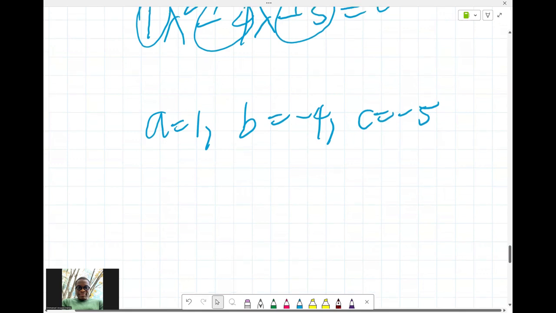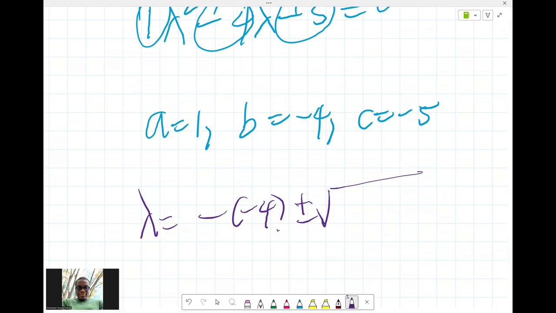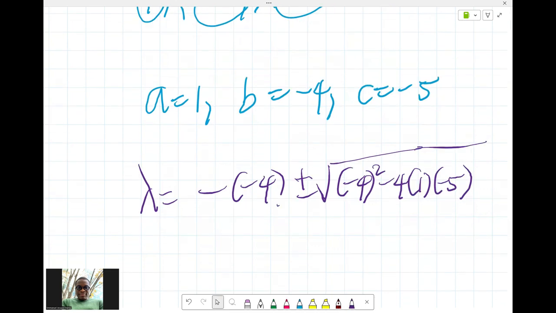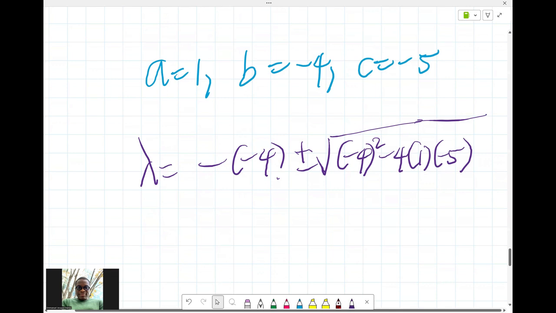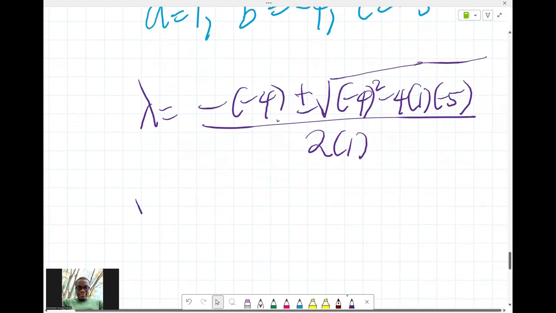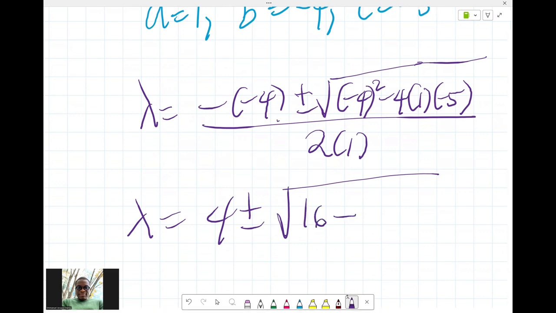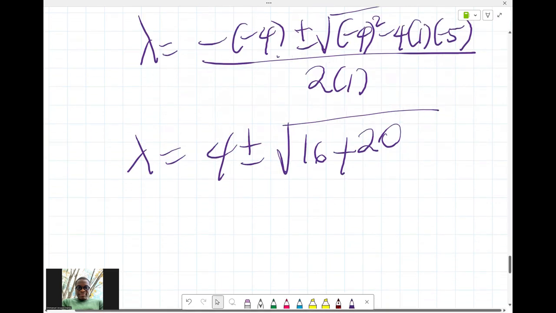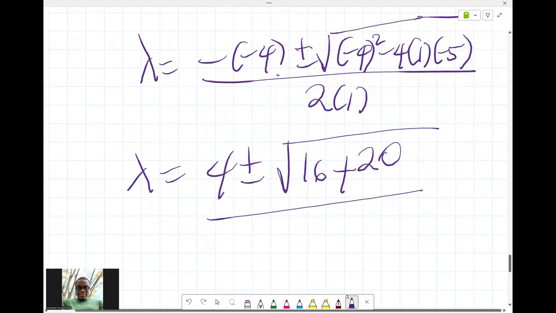So in this case, we can have lambda to be minus of minus 4, plus or minus the square root of b squared, which is minus 4 squared, minus 4 into 1 into minus 5, all over 2 times 1. So we have lambda to be 4 plus or minus the square root of 16 plus 20, all over 2.